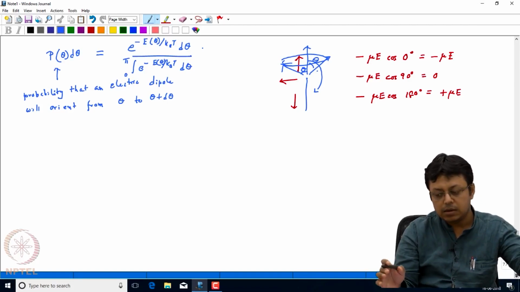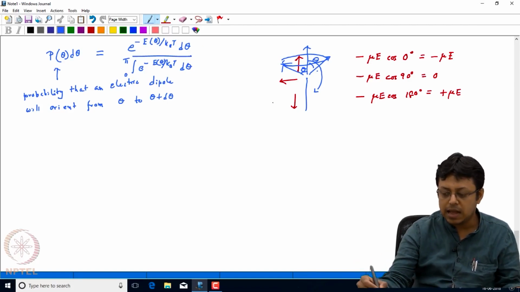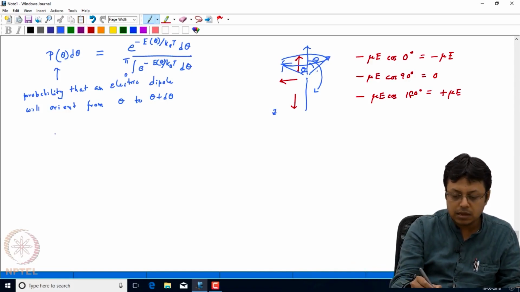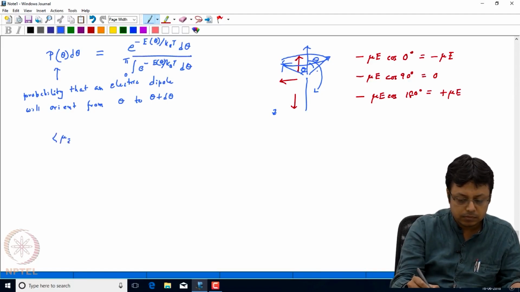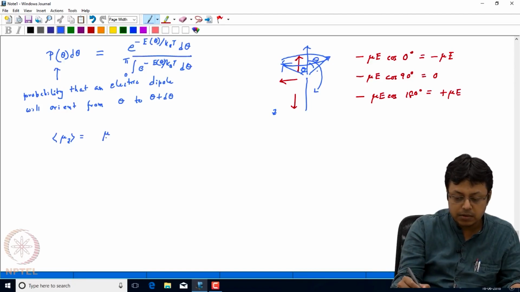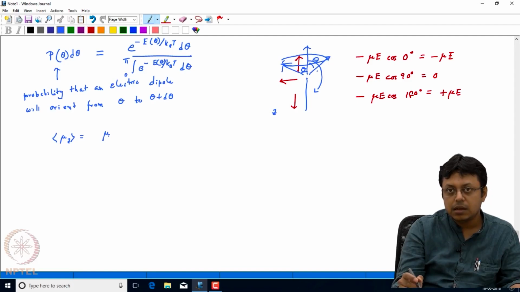Let's take this axis to be x axis or z axis, doesn't matter. Let's say it is a z axis. Now, what is the average value of mu z? How do you calculate it? You take mu z, which is the z component of the dipole moment.